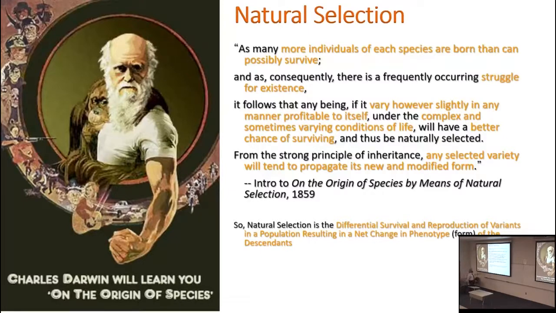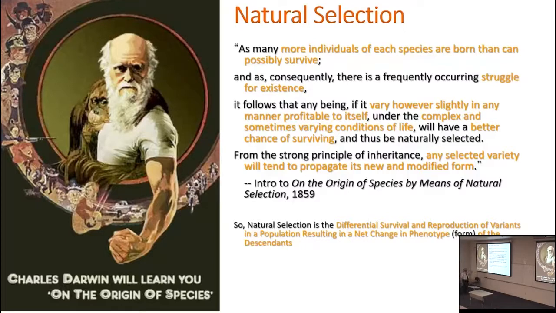So it's the differential survival. First of all, the trait allows you to survive better. And reproduction, it doesn't matter if you survive but then don't pass on those genes. Of what? Of variance in the population, resulting in a net change of the phenotype of the descendants. So that's what natural selection is.